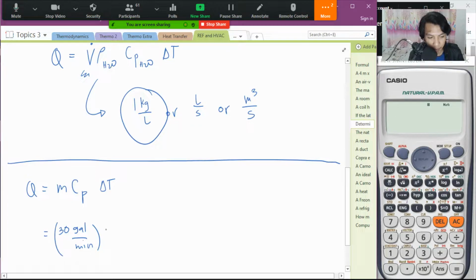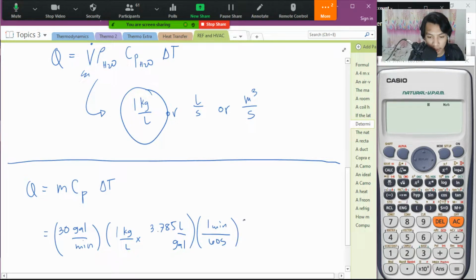Kunwari, the heat added in HP. So Cp, mamaya na yan. Density muna ng water, 1 kilogram per liter. Ang problema mo dito, liter, nakagalon to, so 3.785 liters per gallon. Tapos naka-minute, kailangan gawin mo tong kilowatt, so 1 minute is 60 seconds.